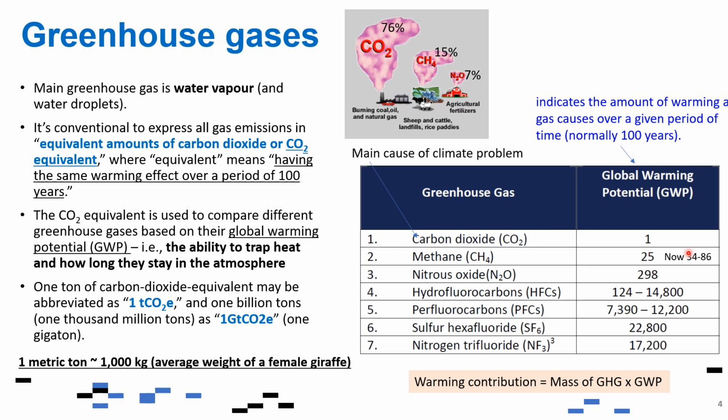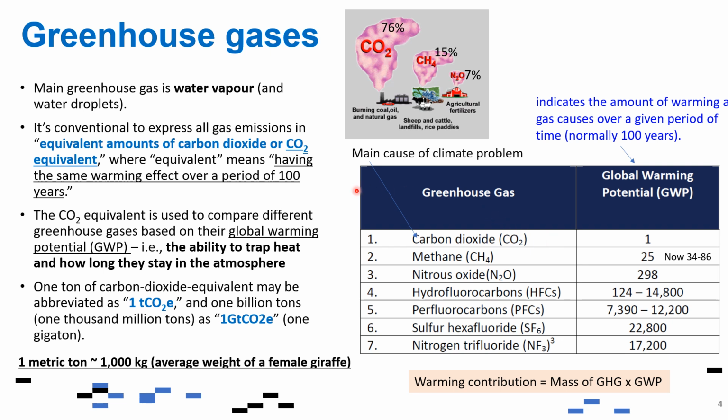It is about 34 metric tons of CO2 equivalent as the warming contribution of methane. So a small amount of methane will have a really big effect on global warming. The same goes for nitrous oxide. It's even worse, because it's around 300 times the CO2 level.